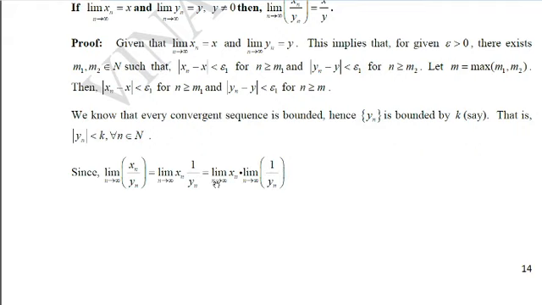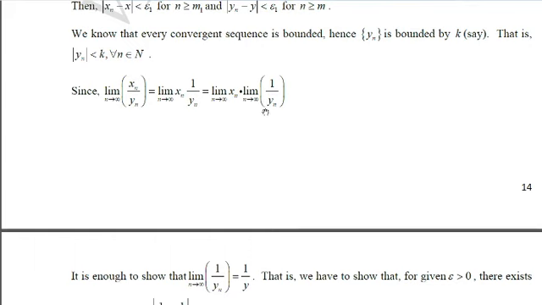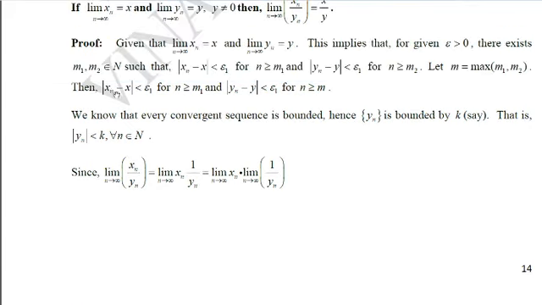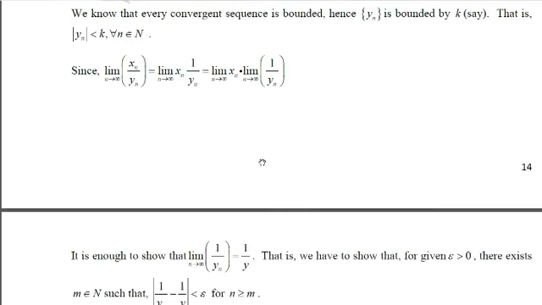We know the limit of this, which is x, but we don't know the limit of this. But we have to get x by y, which means this has to be 1 by y. So we have to show that limit as n tends to infinity 1 by yn is equal to 1 by y. If we prove this, then we are through.